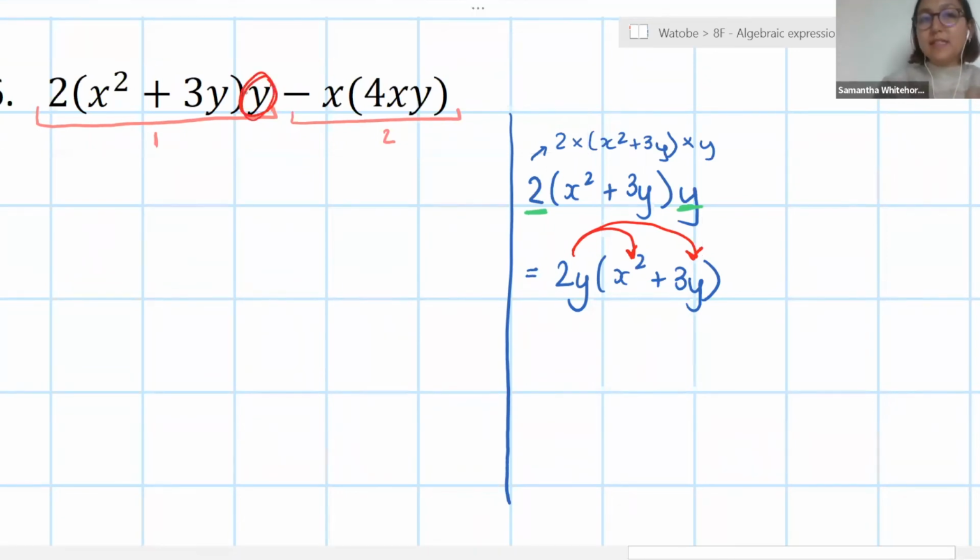This y is still part of this first term, so I can't now group it into the second term. It's not part of that second term. It needs to stay with its term. This minus sign over here actually forms a division between terms, so I have to keep them separate until I have multiplied and divided everything. Oh, okay, so that's why I'm doing this. Okay, good. Well done.